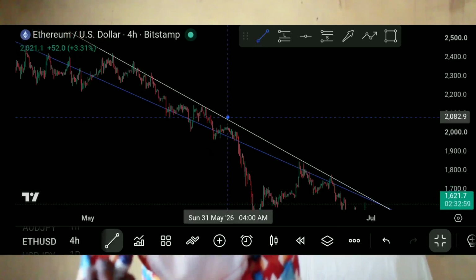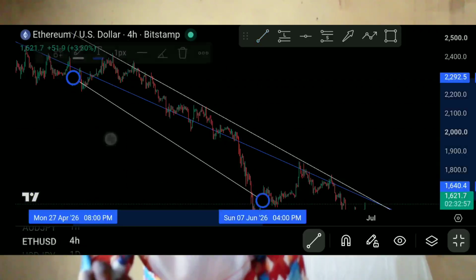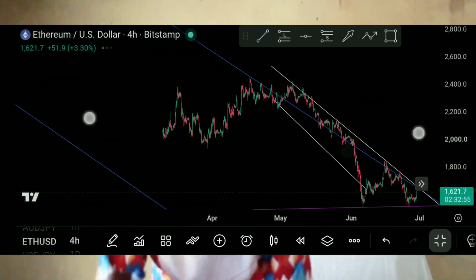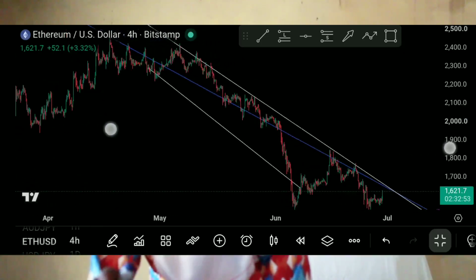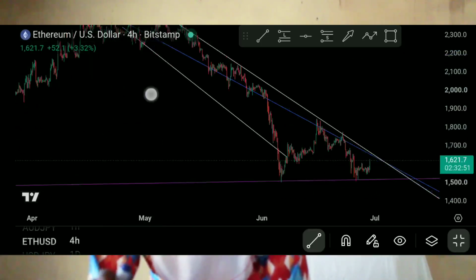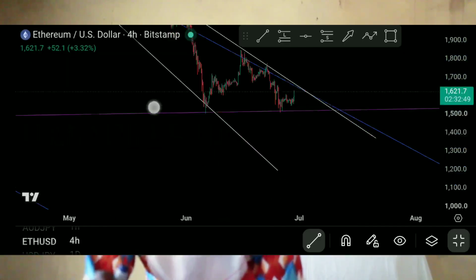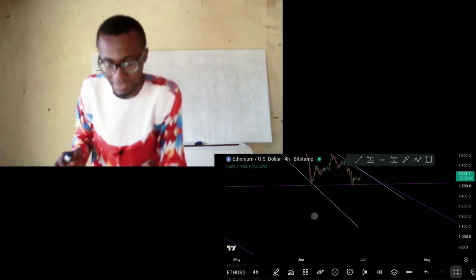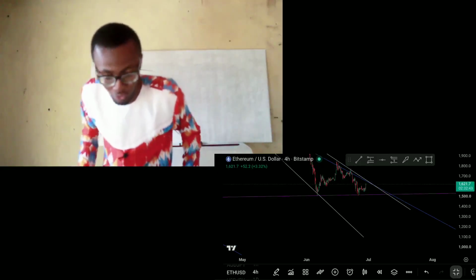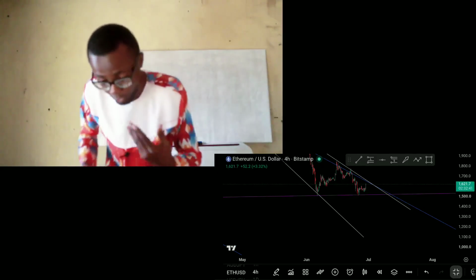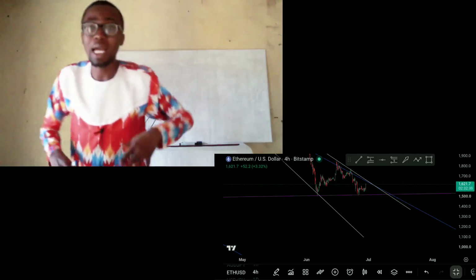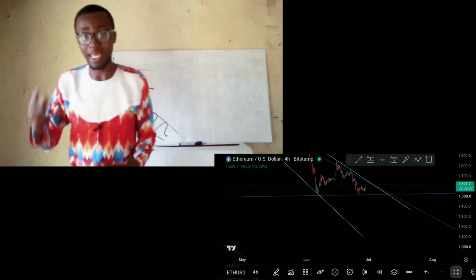This one too is facing down. From this particular point, it is facing down. I see that this purple is showing us that the downtrend has finished forming. So at this particular point, it can start becoming an uptrend. That is why top-down analysis helps.